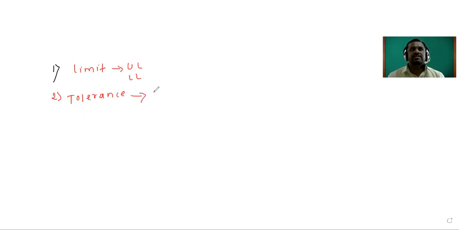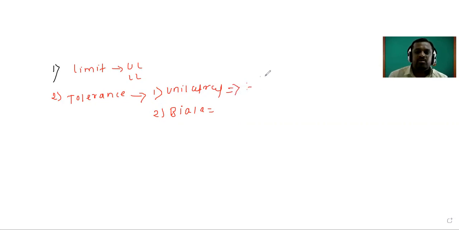Tolerance is nothing but the permissible variation. Again, it has two types: one is unilateral and the second is bilateral. Unilateral means we show the tolerance on only one side of the basic size, either on the plus side or on the negative side.